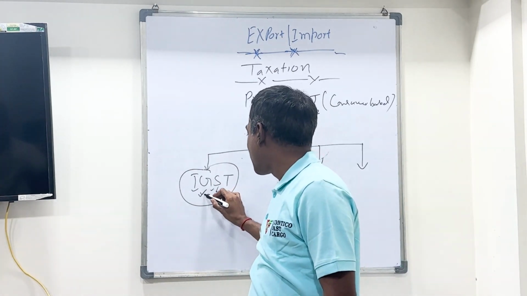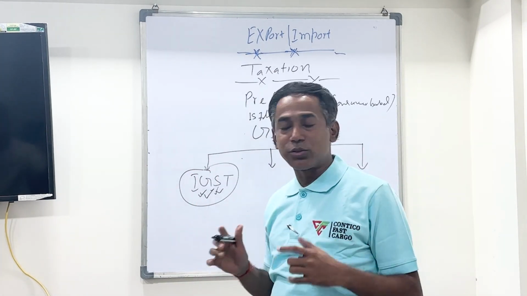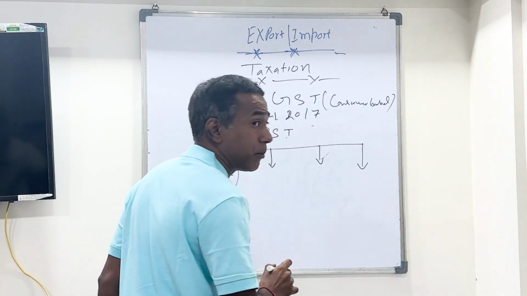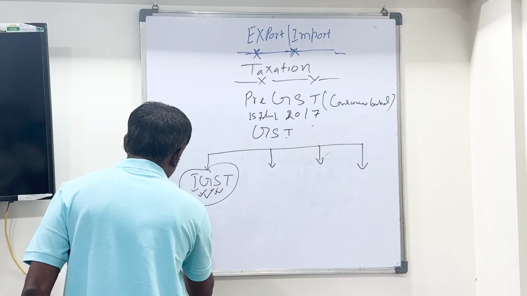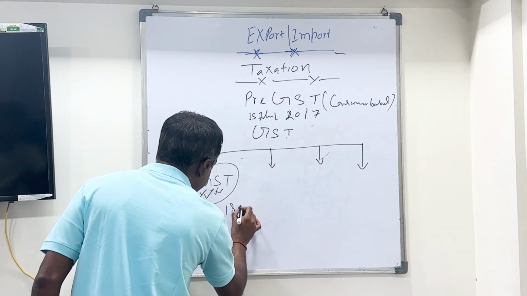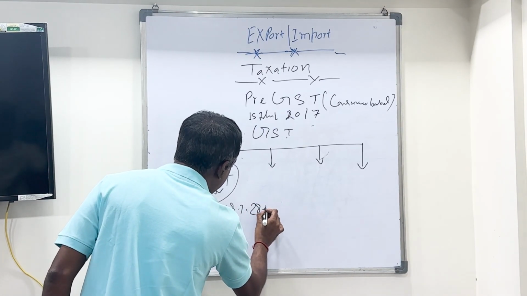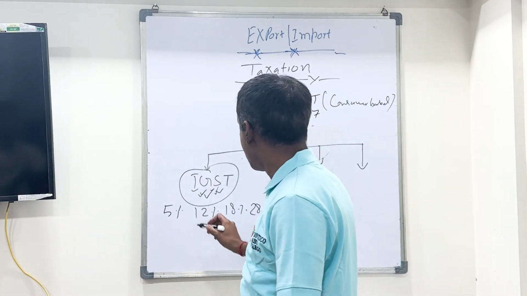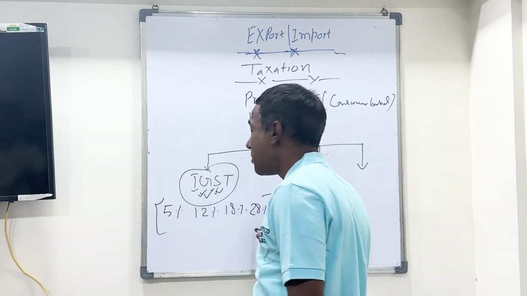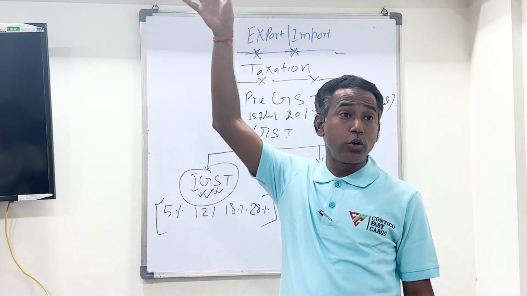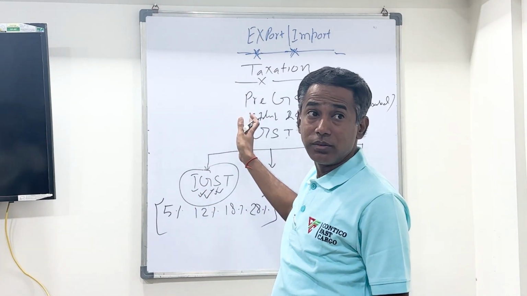So the power has gone to the center to collect. For interstate, whatever the slab is. What is the slab? When GST came, they put slabs of 5%, 12%, 18%, 28%. Okay, understood? So IGST means very simple: interstate, and the collection goes to the central government.